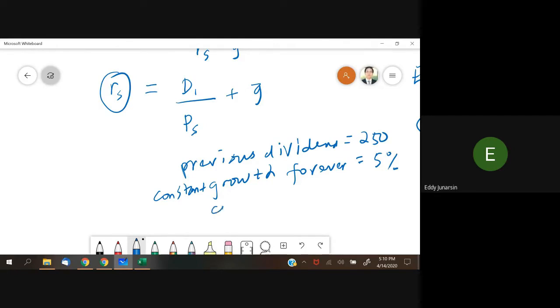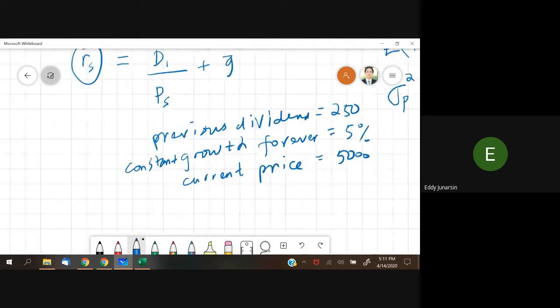And then the current price is, say, 5,000. Again, those numbers come from the sky, so there's no logic whatsoever. It's just an example.